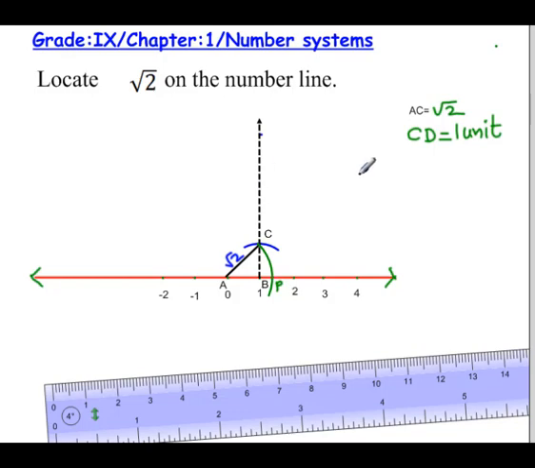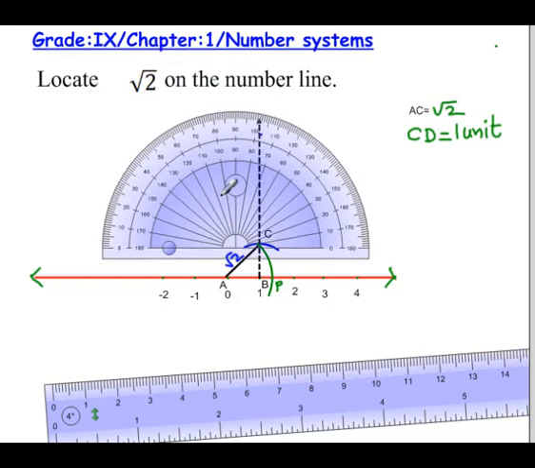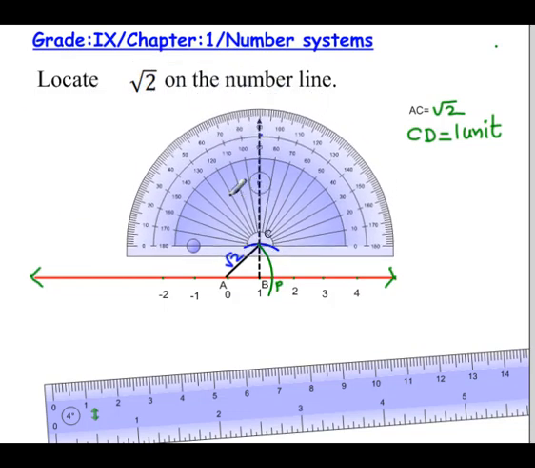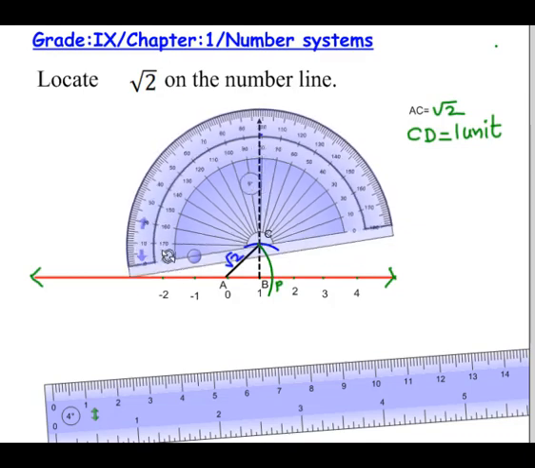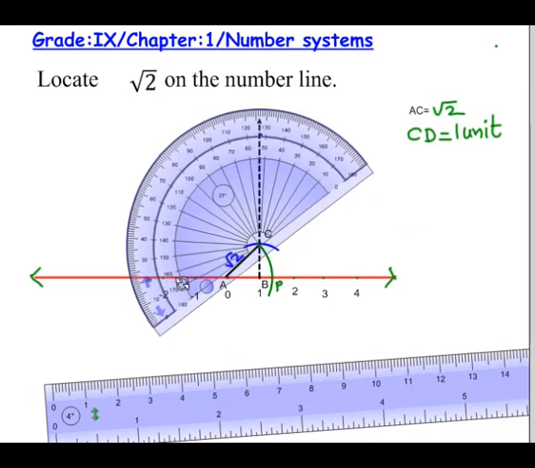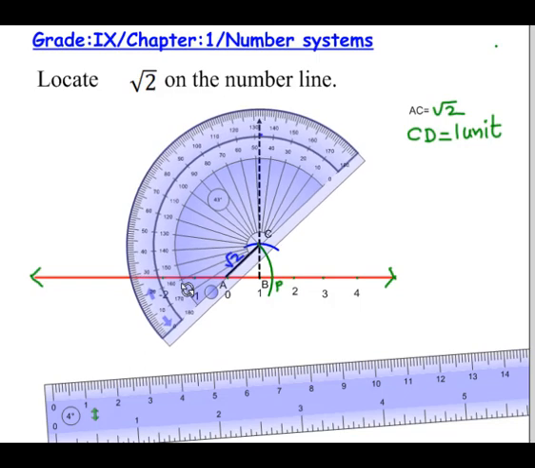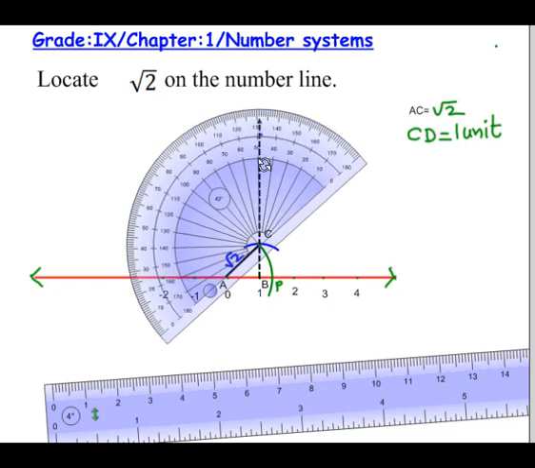Now let's see what will happen. I need a perpendicular from the point C. So using a protractor, I will take 90 degrees.